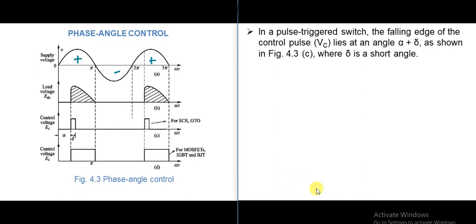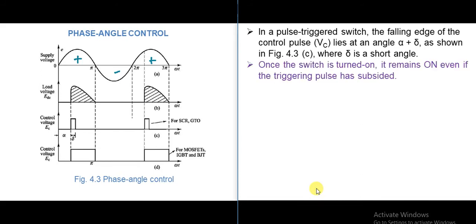In a pulse triggered switch, the falling edge of a control pulse Vc lies at an angle alpha plus delta, as shown in figure C, where delta is the width of the pulse, the on time period of the pulse. Delta represents the on time period of a pulse.